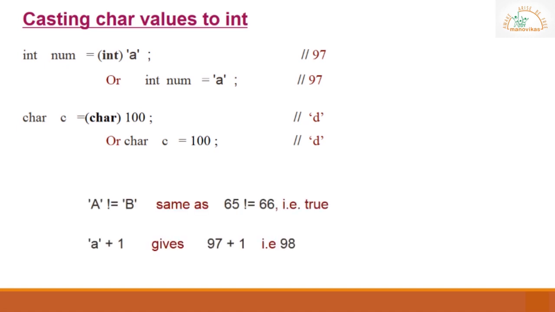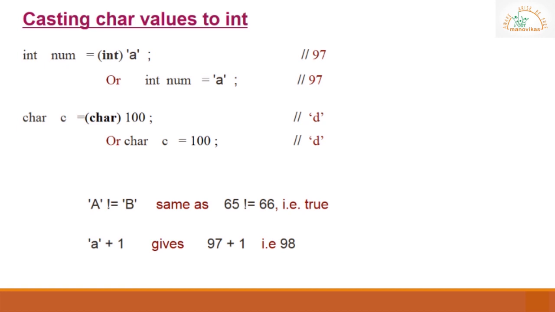So you can use characters in relational operators, also in arithmetic operators. If you are comparing characters with a relational operator, the system will directly take the Unicode of each character and it will compare.